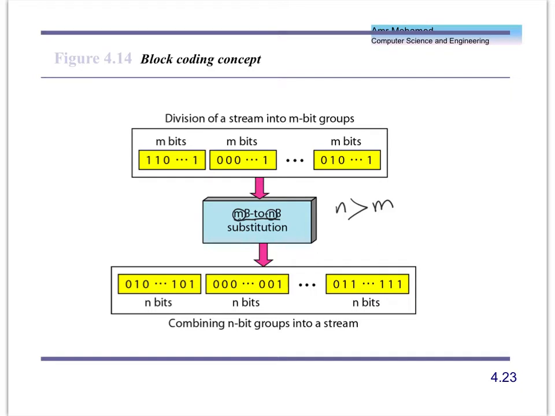For example, we take four bits and convert them to 5 bits. With 4 bits, how many combinations do we have? 16. Okay, so how many combinations do we have for 5 bits?